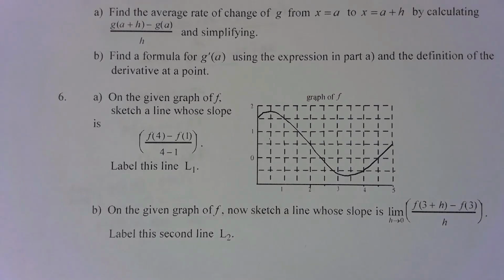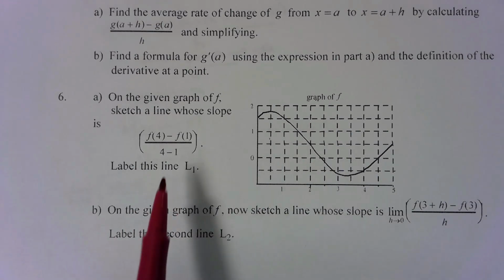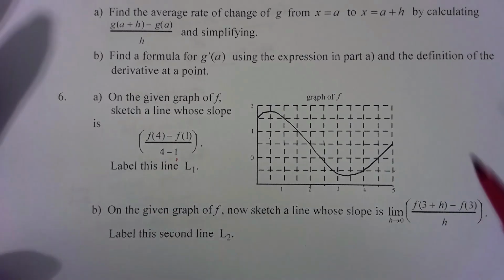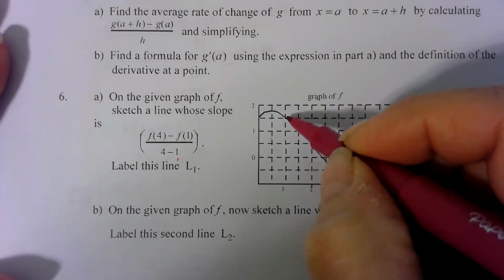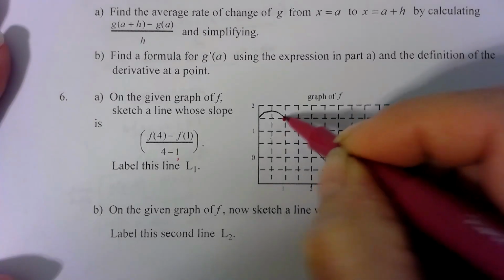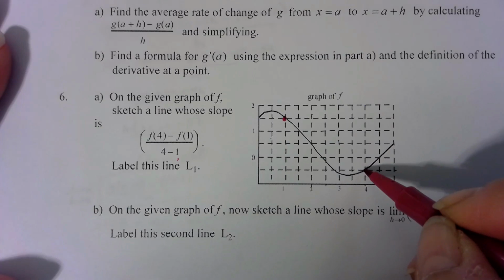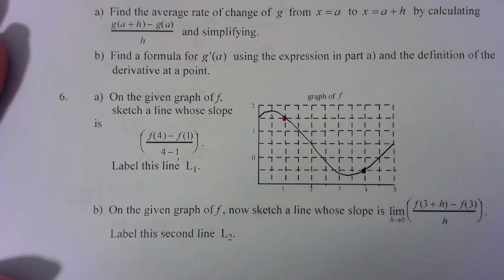So in number 6, this will be the last problem for this video, it says on the graph, sketch a line whose slope is f of 4 minus f of 1. Well, that means you just have to plot points on the graph. The interval goes from 1 to 4, right? This is the change in x here, the domain. So, when x is 1, y is something. And when x is 4, f of 4 is negative 1 or something like that.